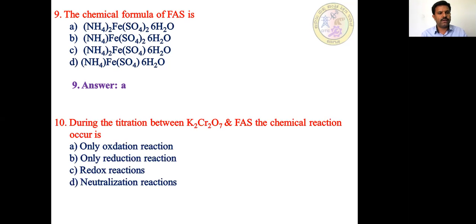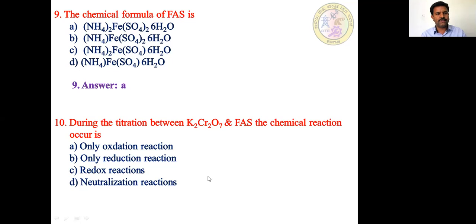Question number 10. During the titration between potassium dichromate, that is K2Cr2O7, and ferrous ammonium sulfate, the chemical reaction that occurs is option A, only oxidation reaction, option B, only reduction reaction, option C, redox reactions, option D, neutralization reactions.